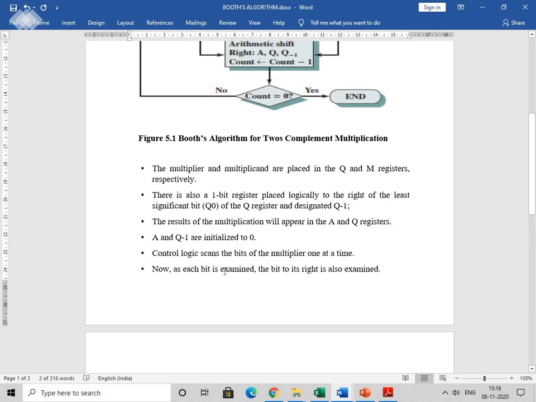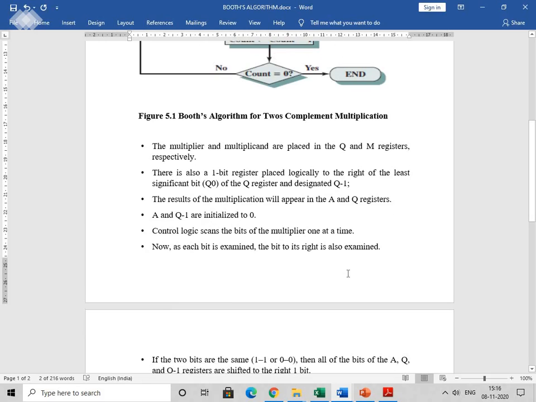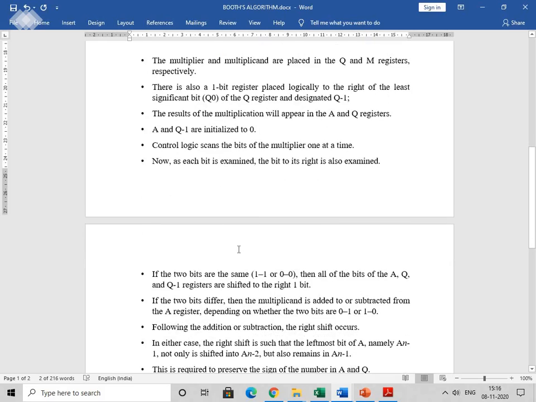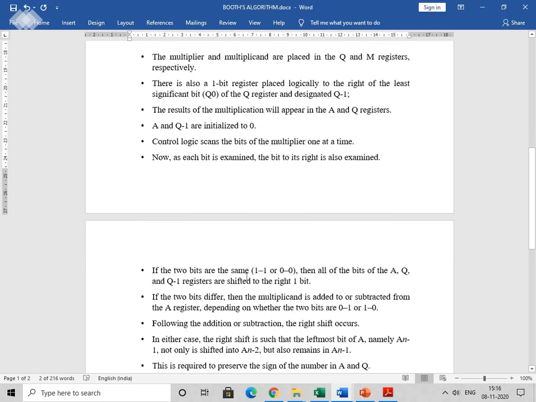Now as each bit is examined, the bit to its right is also examined. So whatever the rightmost bit is, that is Q0, that will be examined. If the two bits are the same, that is Q0 and Q minus 1 are either 1 1 or 0 0, then all of the bits of the A, Q and Q minus 1 registers are shifted to the right one bit. Okay.